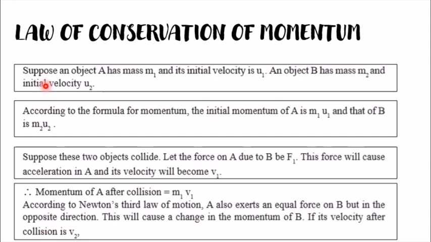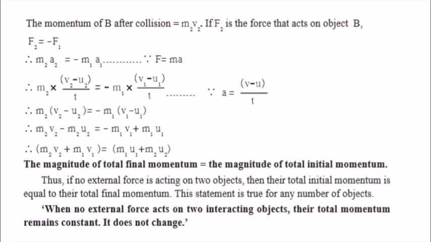Now, as per Newton's third law of motion, A will also exert equal force on B, but in opposite direction, and this will change the momentum in B. So now the momentum of object B after collision will be m2v2. The momentum of object A was m1v1 and for B is m2v2.